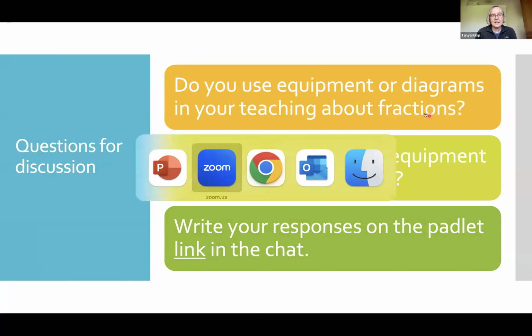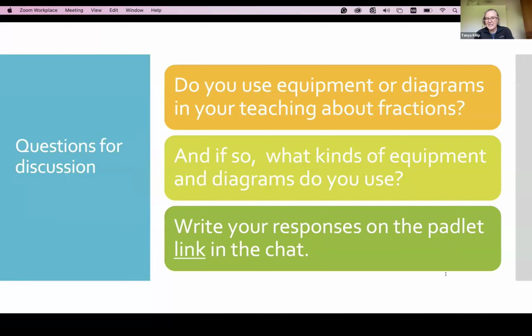So I'm just going to now add a link to a Padlet into the chat. There we go. Cool. So if everyone could just jump onto that and have a go at answering the questions, and we will reconvene in about 5 minutes. Okay, thanks.